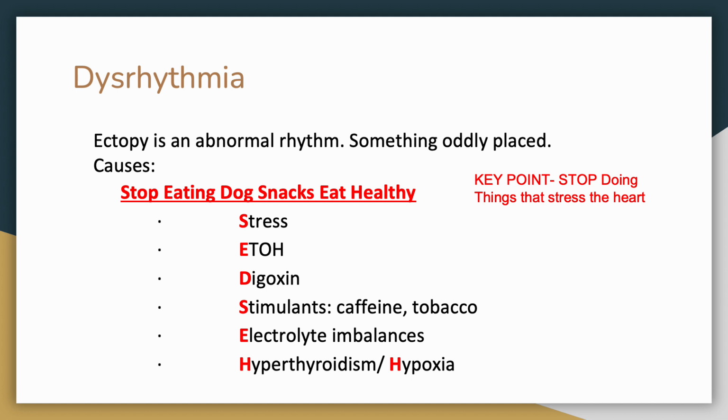The mnemonic is stop eating dog snacks, eat healthy. These are the main culprits of dysrhythmias. Stress. Too much alcohol, either chronic alcoholism or, in the moment, being drunk. Digoxin, a drug we often give to treat dysrhythmias, but it can also cause them.